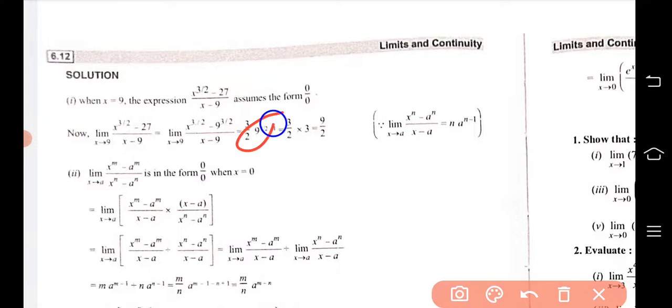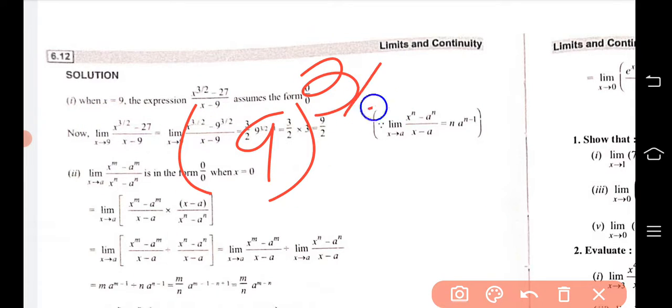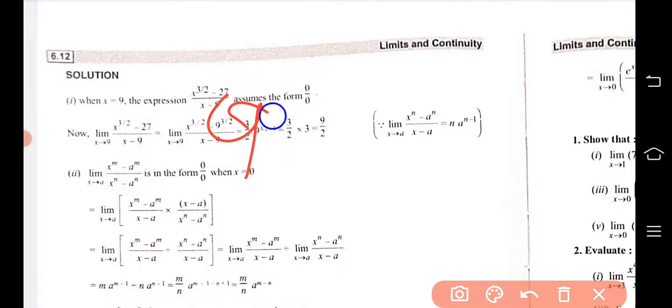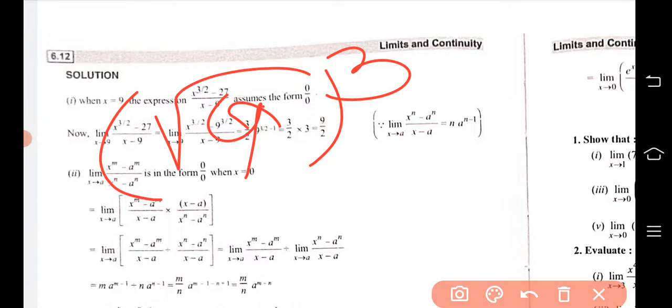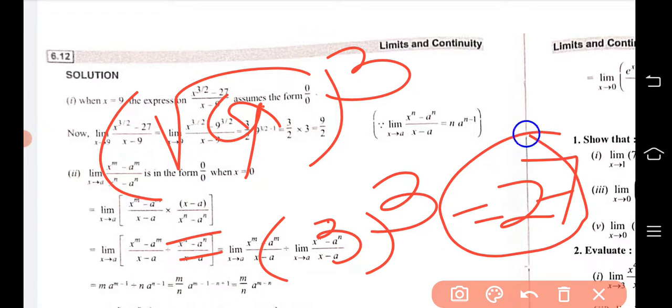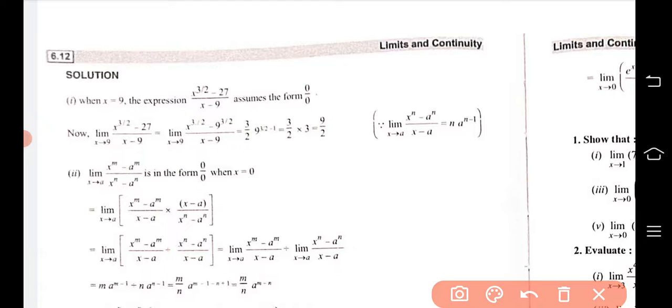Because 9 to the power 3 by 2 is nothing but 9 to the power 1 by 2, cubed, and 9 to the power 1 by 2 is the square root, so 3 cubed is equal to 27. So in place of 27 we can write 9 to the power 3 by 2. Clear? So what will happen? We got a common exponent, that is 3 by 2.